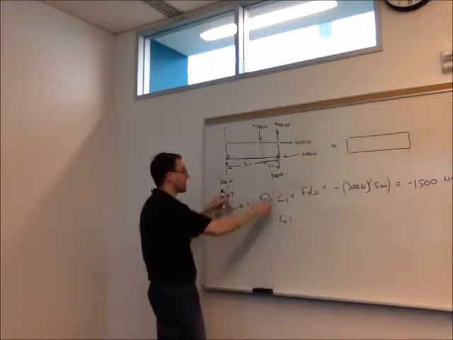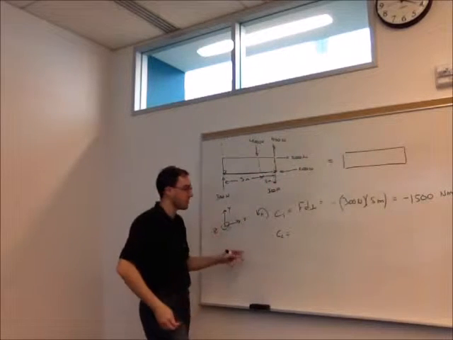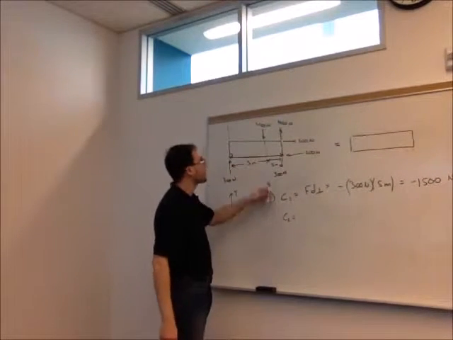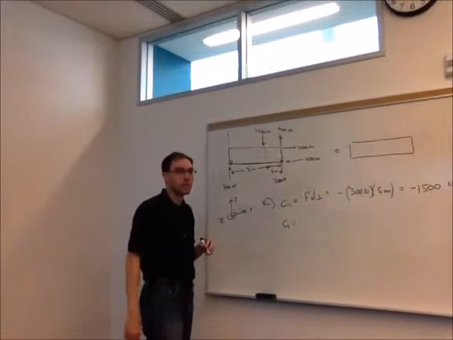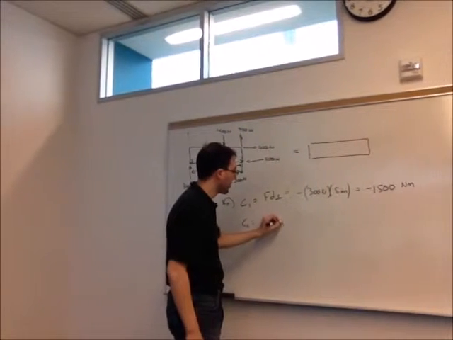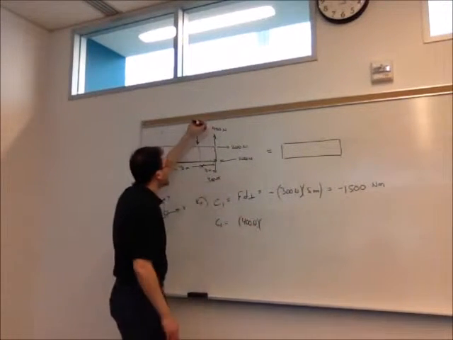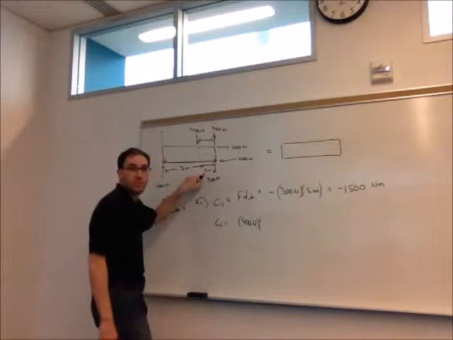All right, so that's the effect just of the 300 Newton pair. What we're doing is doing them all separately and then superimposing them together. So it doesn't matter what order I do it in. I'll look at the 400 Newton pair. So their magnitude is 400 newtons. The perpendicular distance between their lines of action is this 2 meters here.